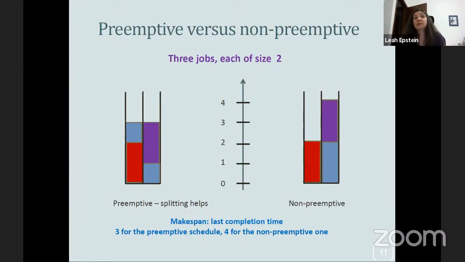And for the preemptive schedule, you can split the light blue job into 2 parts. You can see it on the left-hand side. And then if you assign them carefully, the completion time, the Makespan, is 3 for everything. It could also assist with sum of completion times or whatever, but here the example is for Makespan.